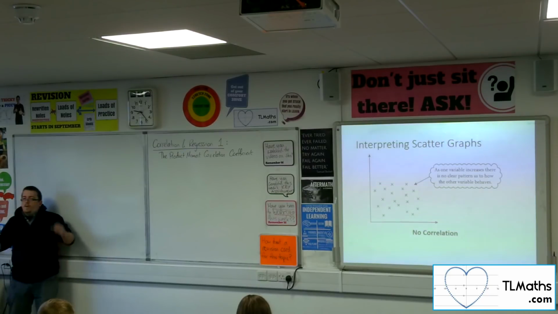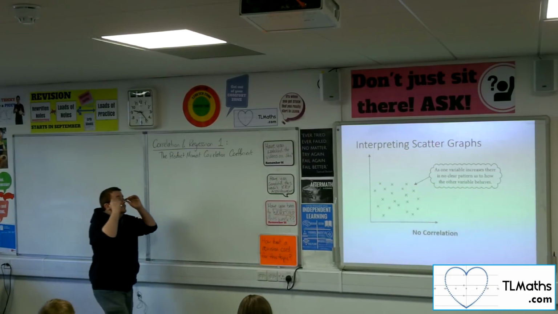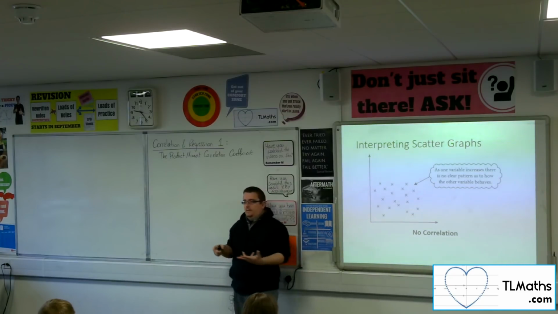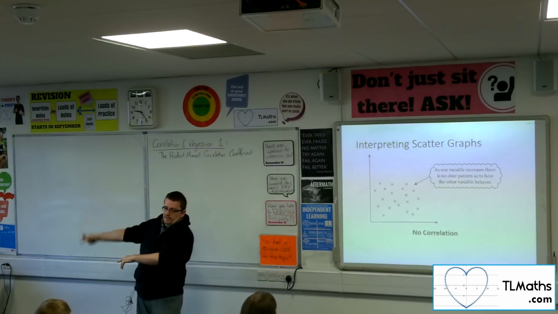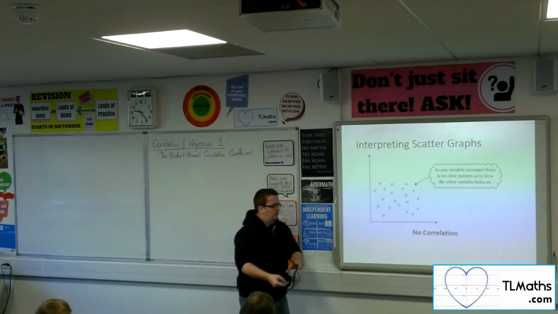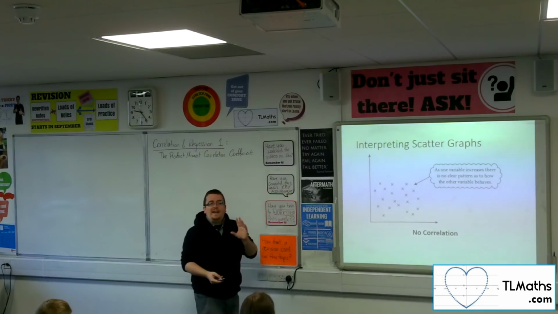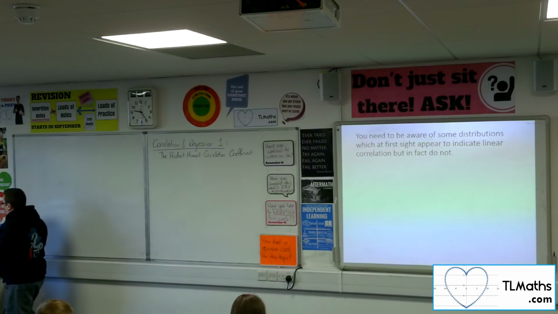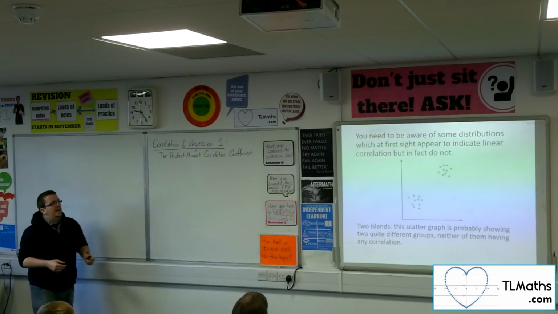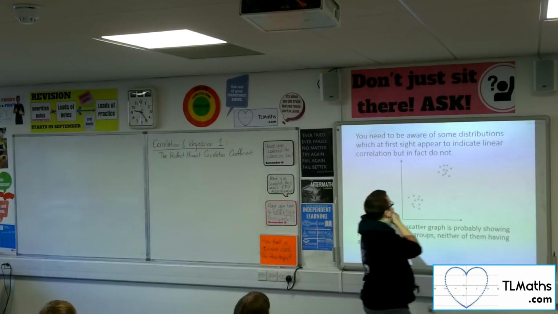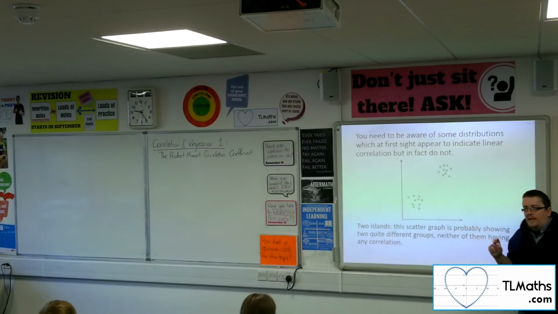Now, what we need to be on the lookout for is sometimes data, when you plot it on a graph, looks correlated, but actually, with a little bit of thought, it probably isn't. So, for example, I could have this situation: two islands of data, effectively. What could this represent?